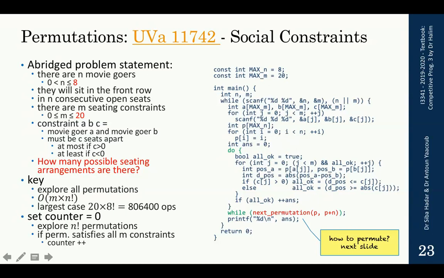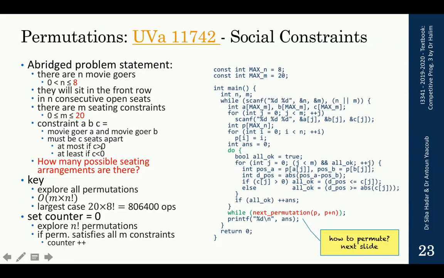And there are m seating constraints, maybe m is up to 20 constraints among these persons. The constraint is of the following format: A, B, C, and it means that moviegoer A and moviegoer B must be C seats apart.